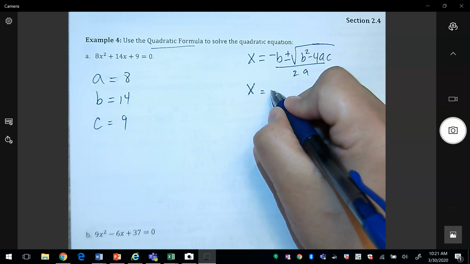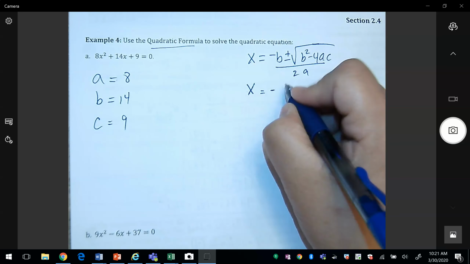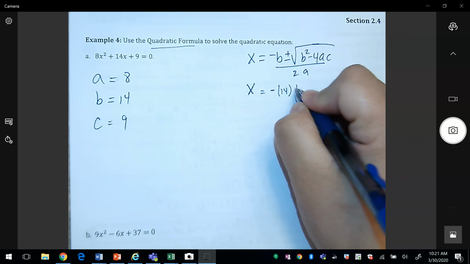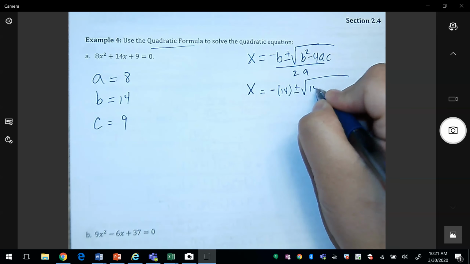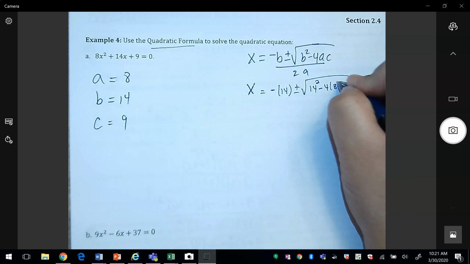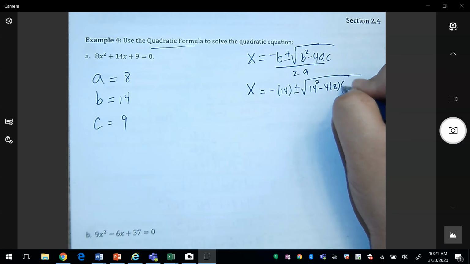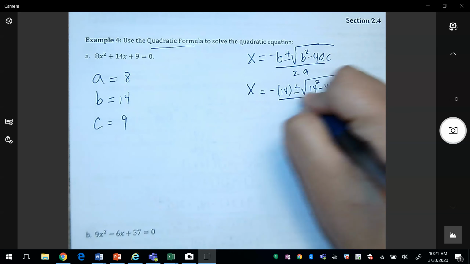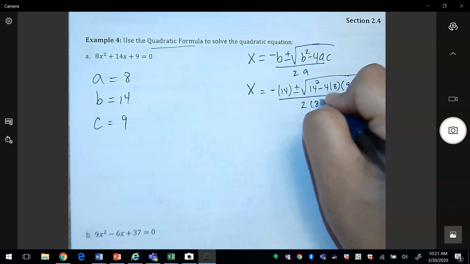So if I substitute my values, b is 14, b squared is 14 squared, minus 4 times a and times c, divided by 2 times a.